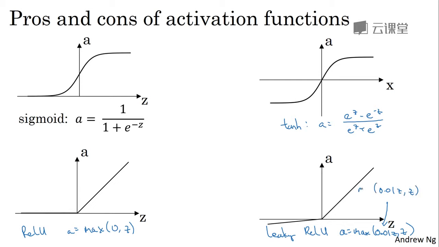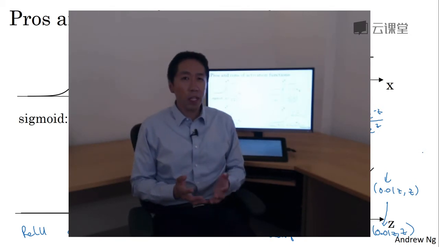Well, you can also make that another parameter of the learning algorithm. And some people say that works even better, but I hardly see people do that. But if you feel like trying it in your application, please feel free to do so. And you can just see how it works and how well it works and stick with it if it gives you a good result.